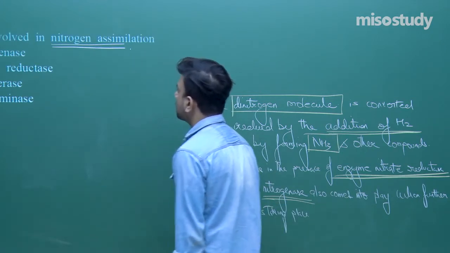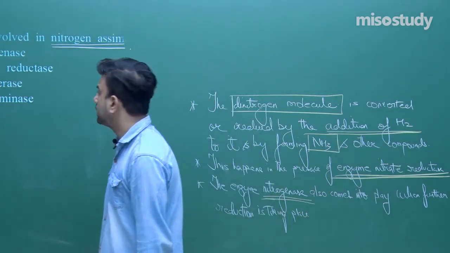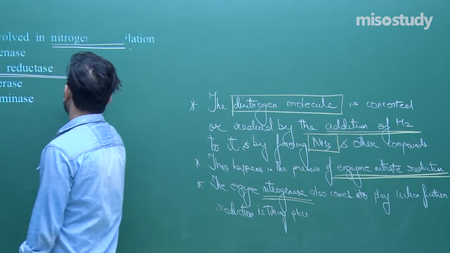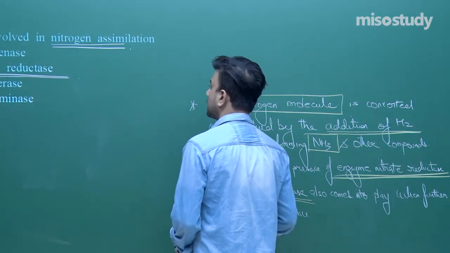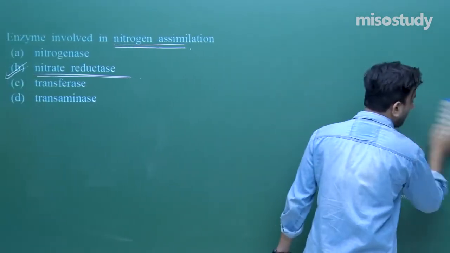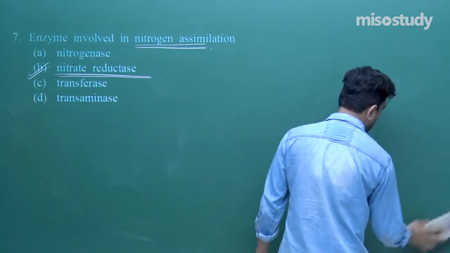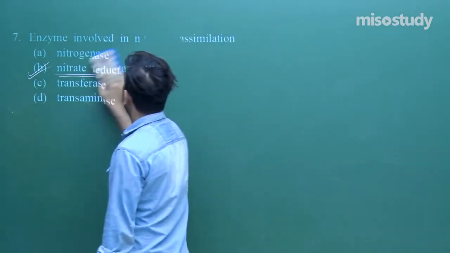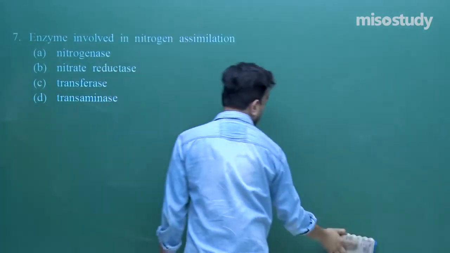So, the enzyme involved in nitrogen assimilation will be the nitrate reductase.